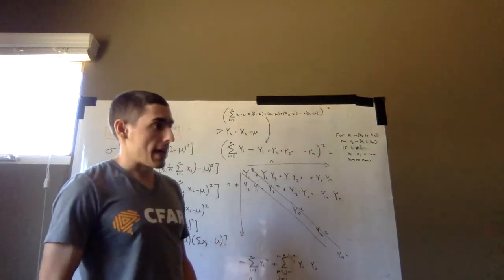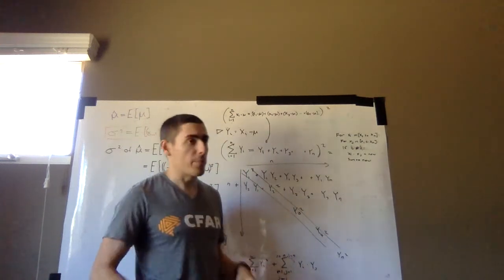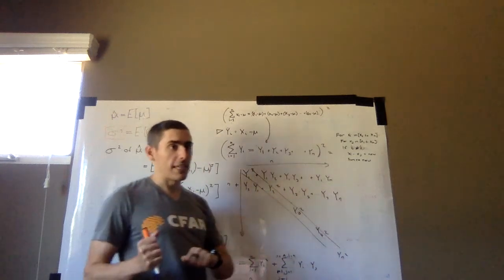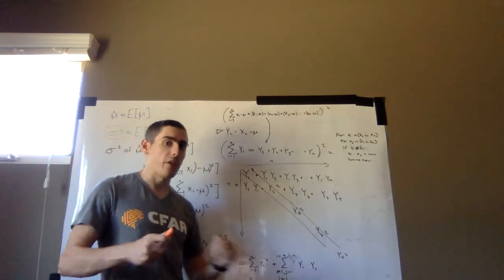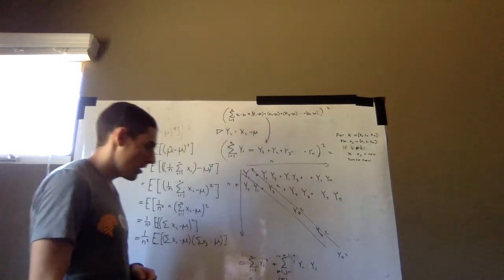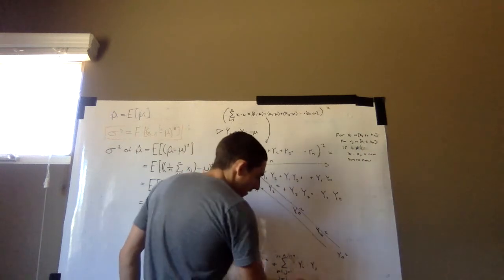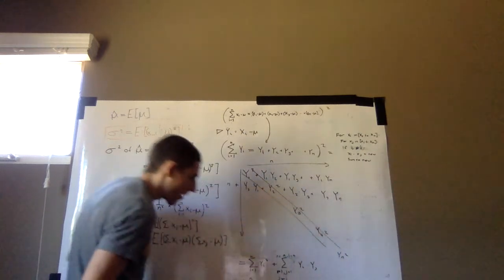So approximately speaking, either both terms will be positive, or both terms will be negative, or one term will be positive, one term will be negative, and those cancel each other out. And so because of this, the expected value of this sum is equal to 0.